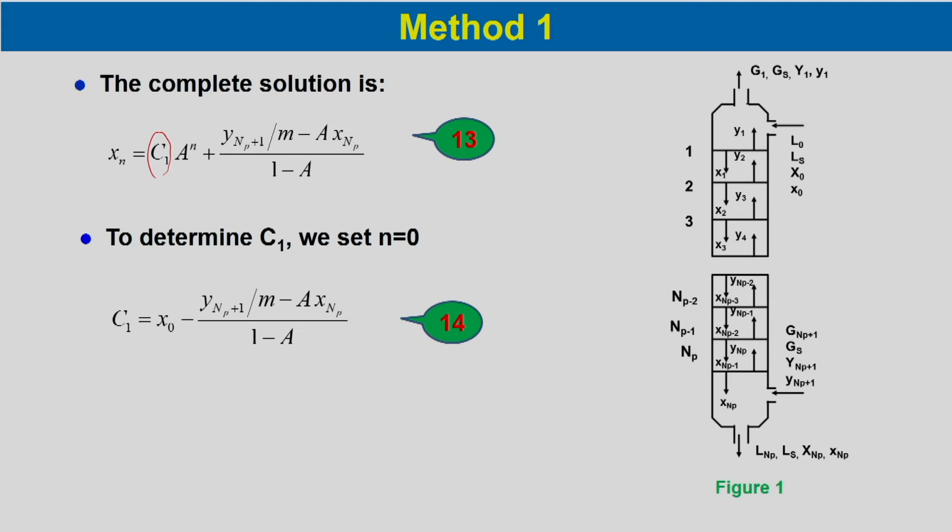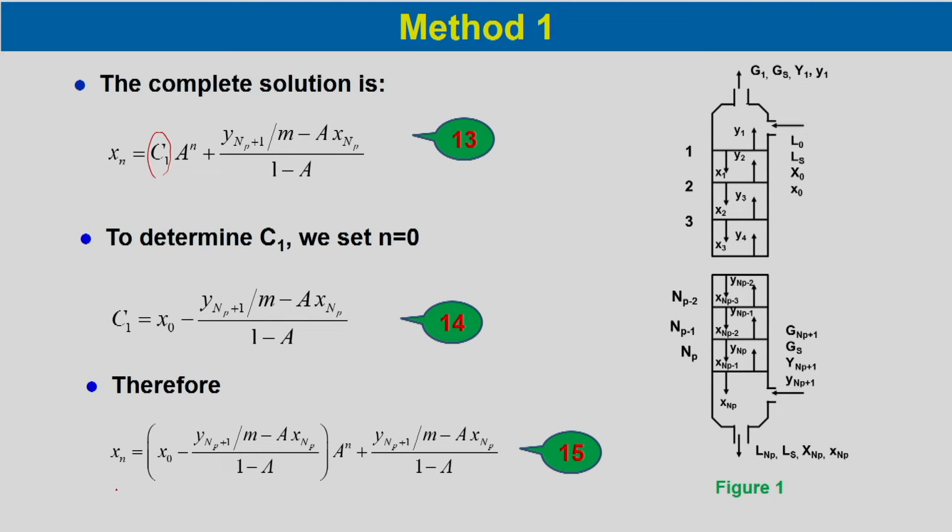Once we get C 1, if we substitute in equation 13, we will obtain x n equal to x naught minus y n p plus 1 divided by m minus a x n p divided by 1 minus a into a to the power n plus y n p plus 1 by m minus a x n p divided by 1 minus a. So, this is the complete solution for this equation, and then we have absorption factor A.